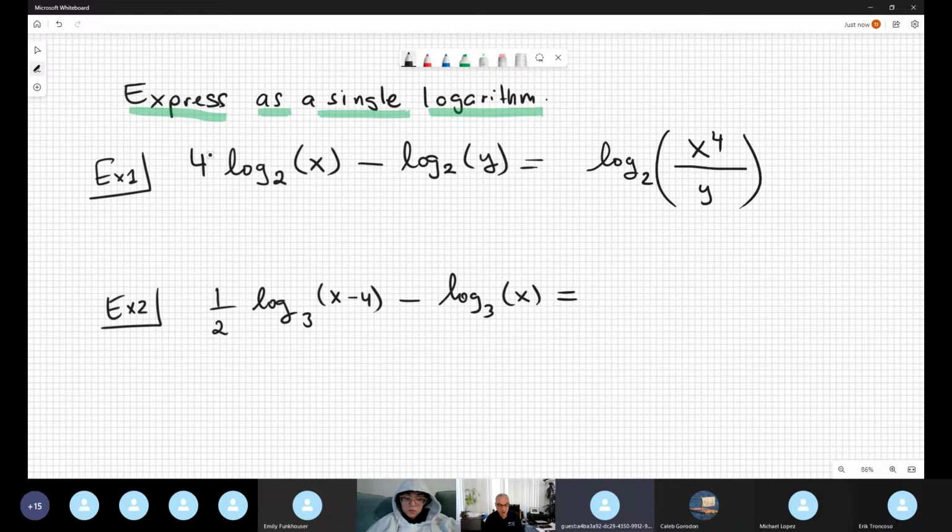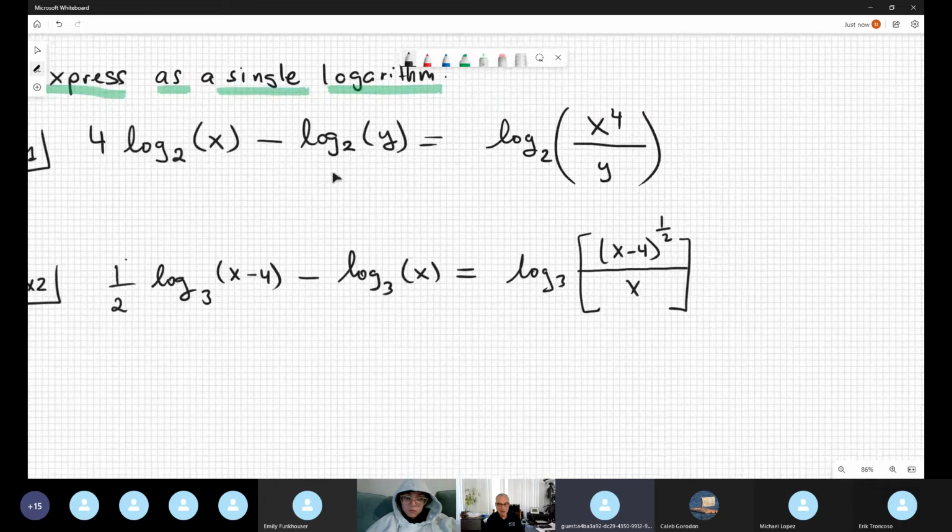Okay, this is similar. It's again division because it's minus, but the factor is now 1/2. So basically, when you condense this, logarithm base 3 of (x minus 4) raised to the 1/2 over x, and this is totally inside the logarithm.